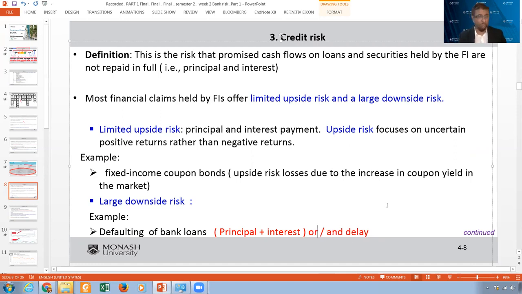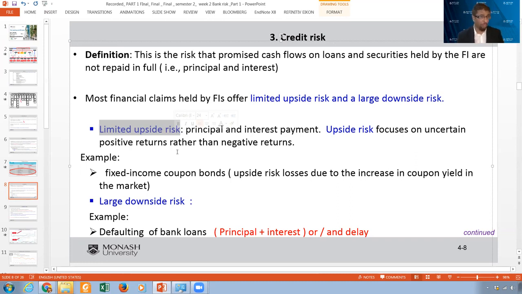Defaulting on principal, interest, and delay of the payments is what we know of as defaulting. But there is another interesting definition for what we call limited upside risk. Say you are a huge bank and you decided to invest $100 million in an issue of bonds.